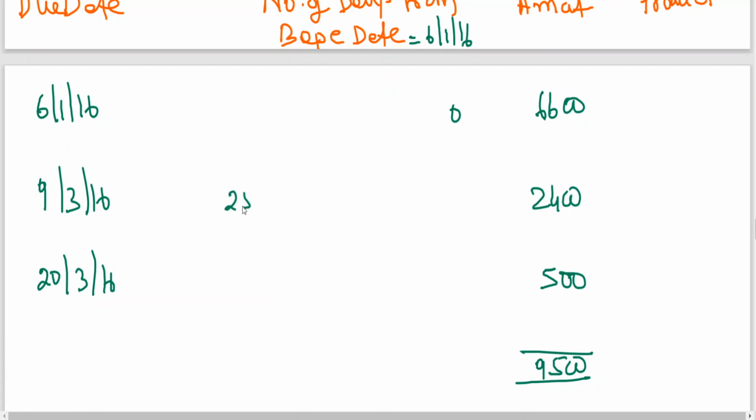January 25 days, February 28 because the problem has given the instruction. March, here how many days? 9 days. So 25 plus 28 plus 9 is coming to 62 days. 62 days into 2,400 is coming to 1,48,800.